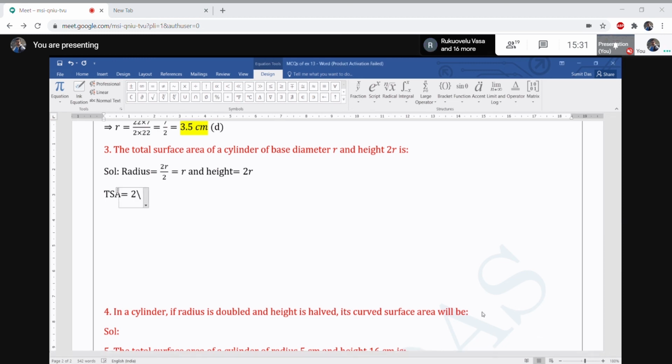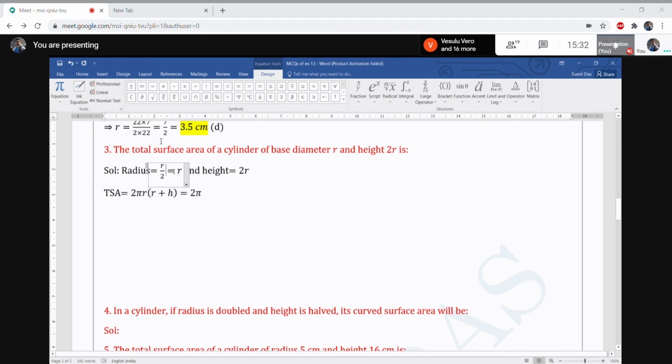2 pi r plus h. Okay. Now put the values. 2 pi, r value here is r. Sorry, diameter is given r, right? So the radius will be r by 2.